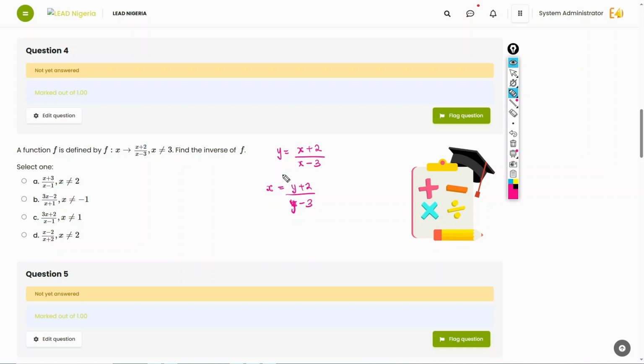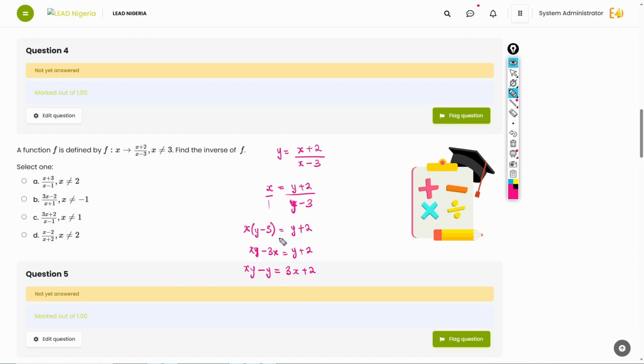But we need to rewrite our function in such a manner that y is the subject of the formula. All right, so first now cross multiply. I would have x bracket y minus 3 is equal to y plus 2. Then xy minus 3x is equal to y plus 2. Then I'll collect like terms because I'm trying to isolate y. So I would say xy minus y is equal to 3x plus 2.